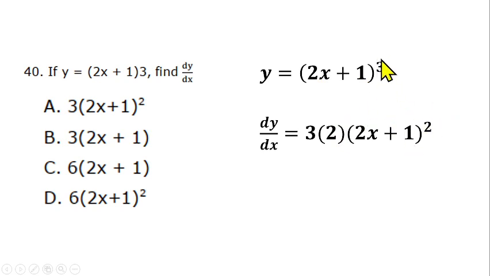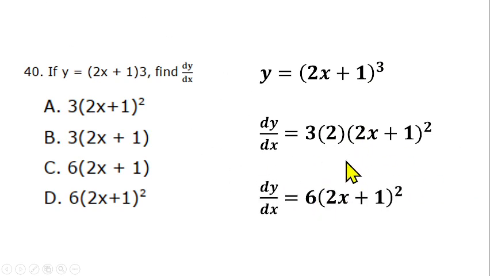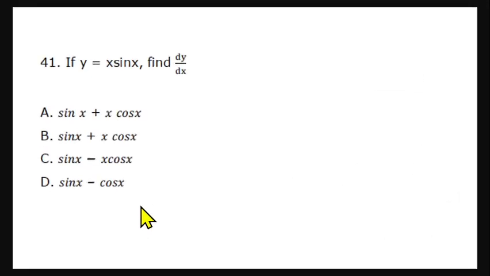I'll say it again, the shortcut: 3 comes down, you have 3 times the derivative of the function inside the bracket, which is 2. Then rewrite the function again, 2x plus 1, then remove 1 from the power, you have 2. Then you can simplify that further. That will give us 6 times (2x plus 1) raised to power 2. And I think option D is the correct option.